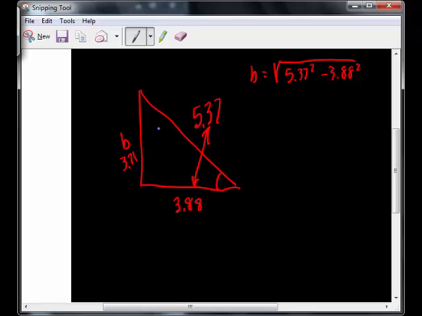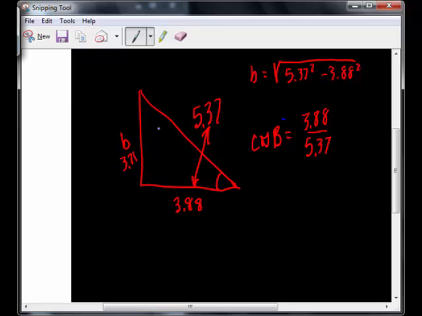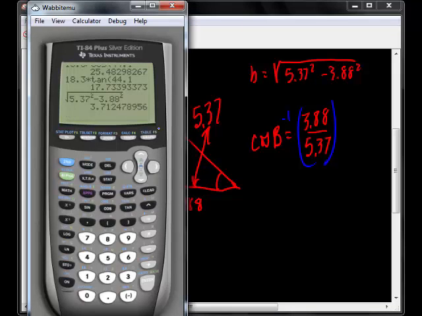So for this angle down here, cosine of angle B is adjacent divided by hypotenuse, or we could say cosine inverse of that fraction.